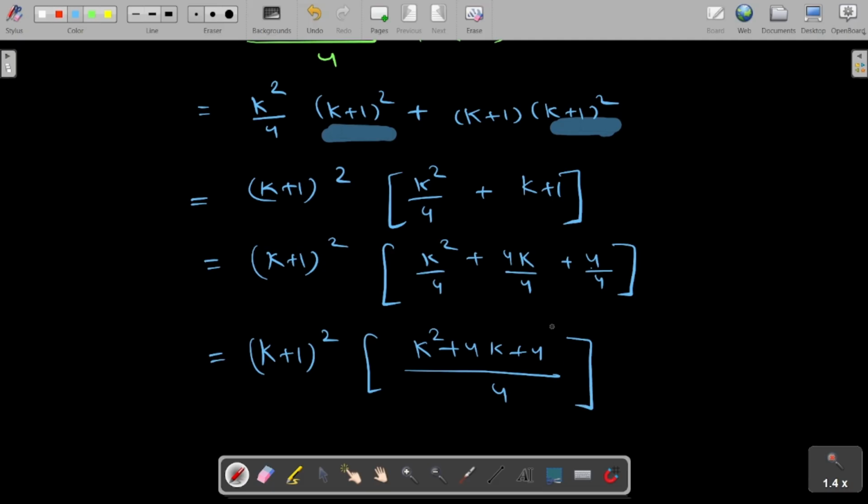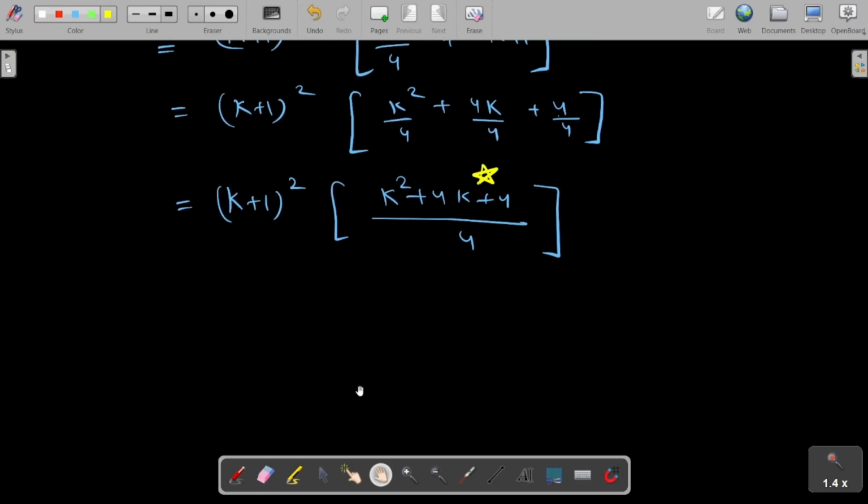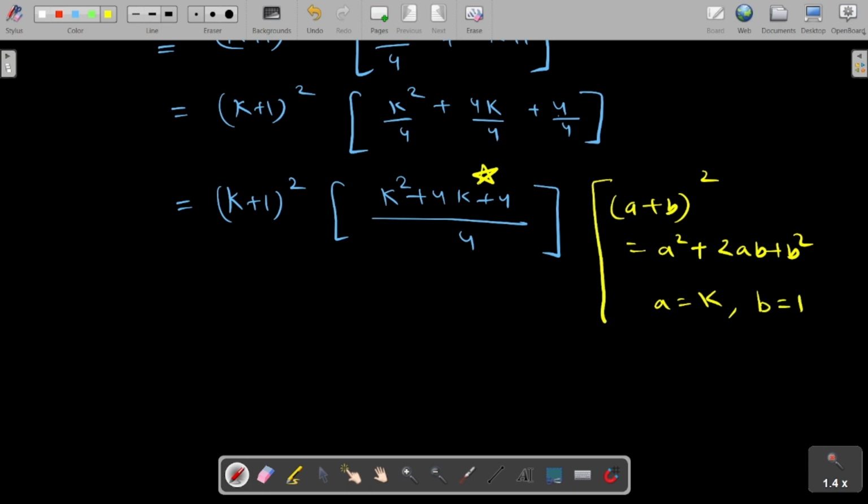Now you can use either the quadratic formula on this to get the factors, or if you are able to identify by this identity, a plus b whole square gives you a square plus 2ab plus b square, where your a is k and your b is 1, right?